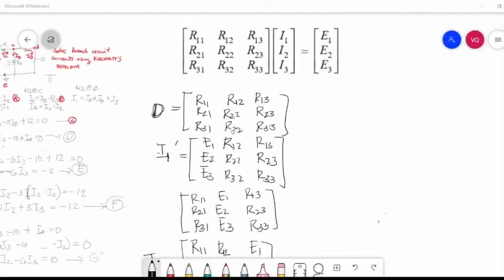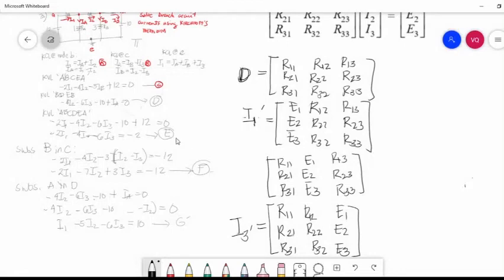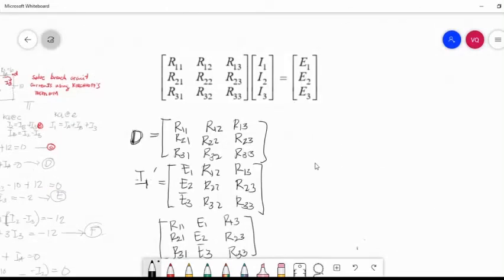We are now going to solve the branch currents I1, I2, and I3, after formulating our equations E, F, G in terms of I1, I2, I3. So, lahat naka I1, I2, I3. So, this is Cramer's rule.